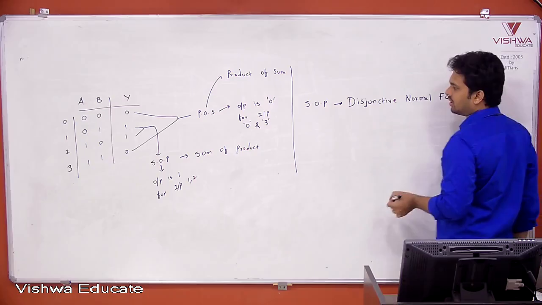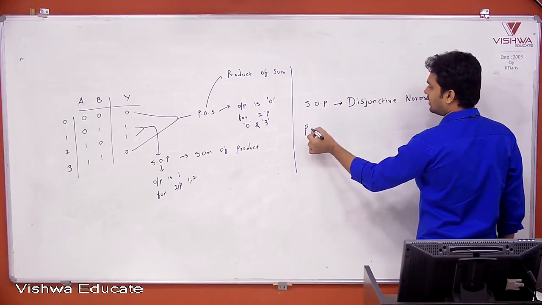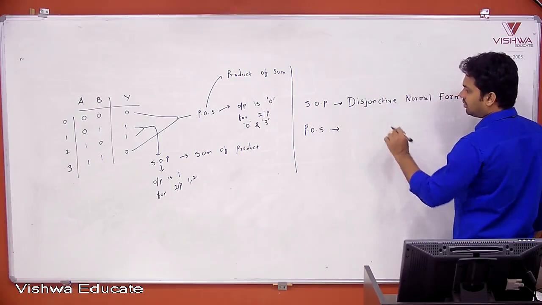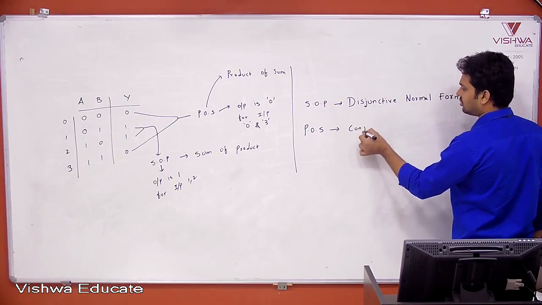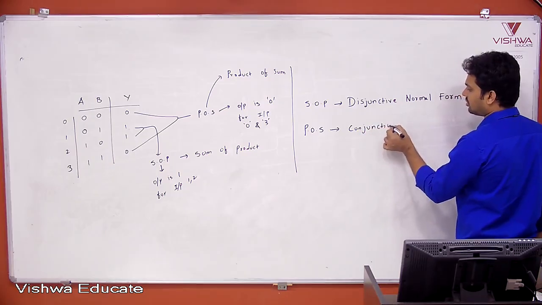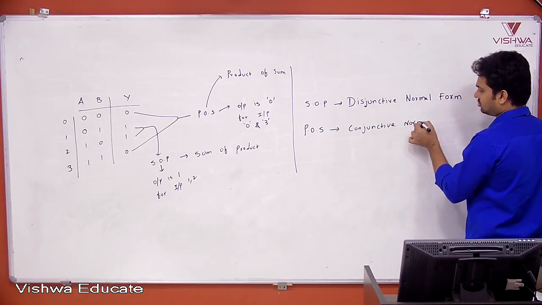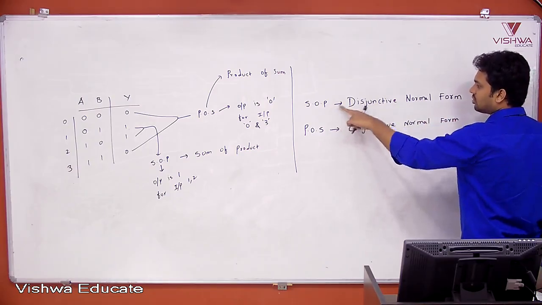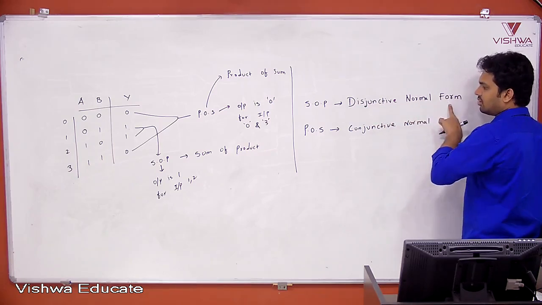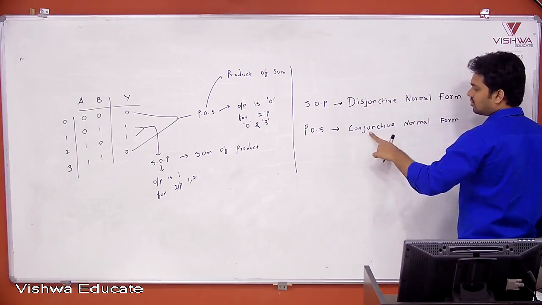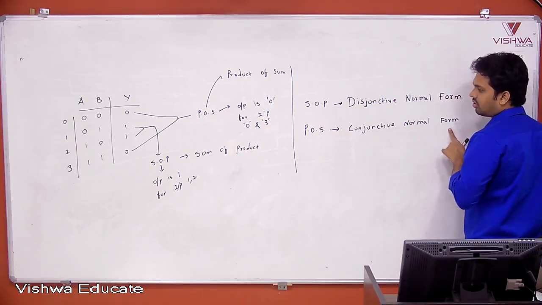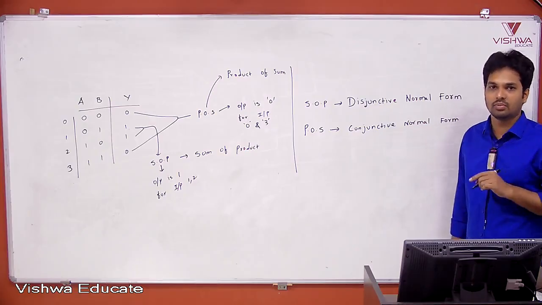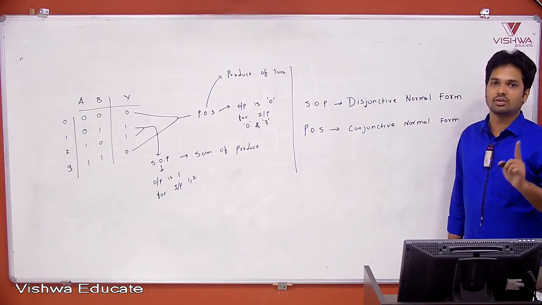Similarly, POS is called conjunctive normal form. First write down: SOP is also called disjunctive normal form. POS is also called conjunctive normal form. Please write these two lines.